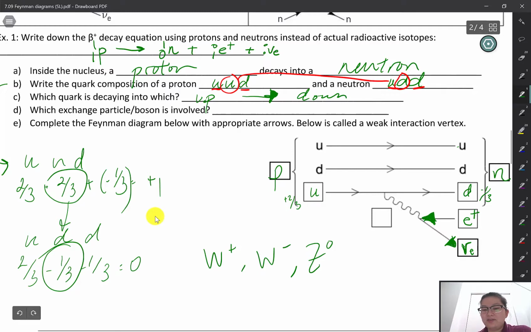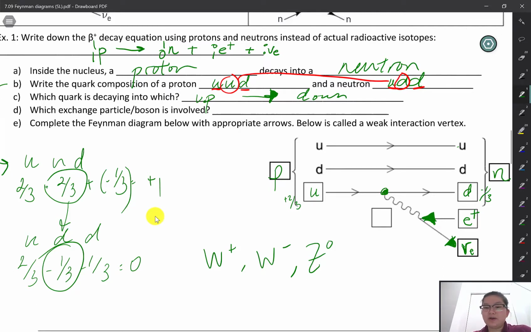Based off of these interactions, whatever is mediating this decay is going to give us a minus 1/3 charge, and also is going to produce a positive charge. Remember, charge has to be conserved.